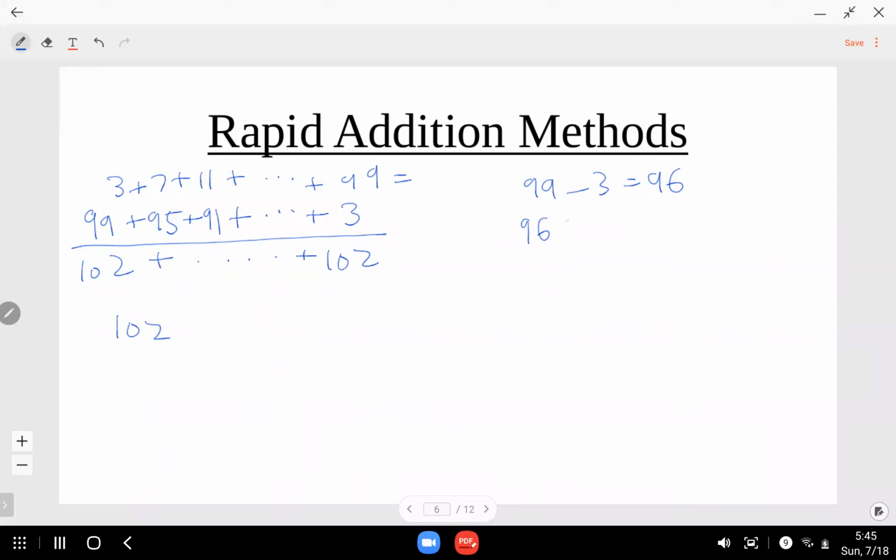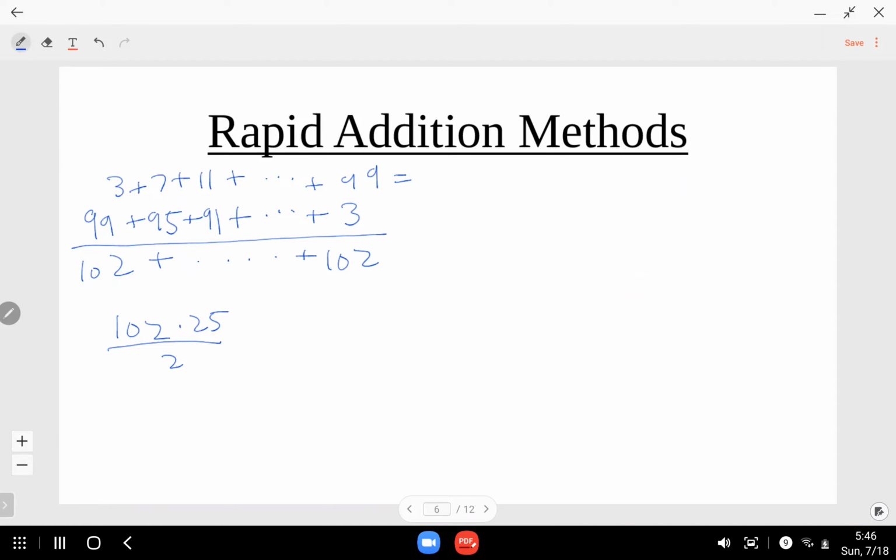That is going to be 24. But then, we didn't actually include the first number 3, right? So 24 plus 1 equals 25. So 102 times 25 over 2, all right? Your mistake, Sophia, is that you forgot to count 3.